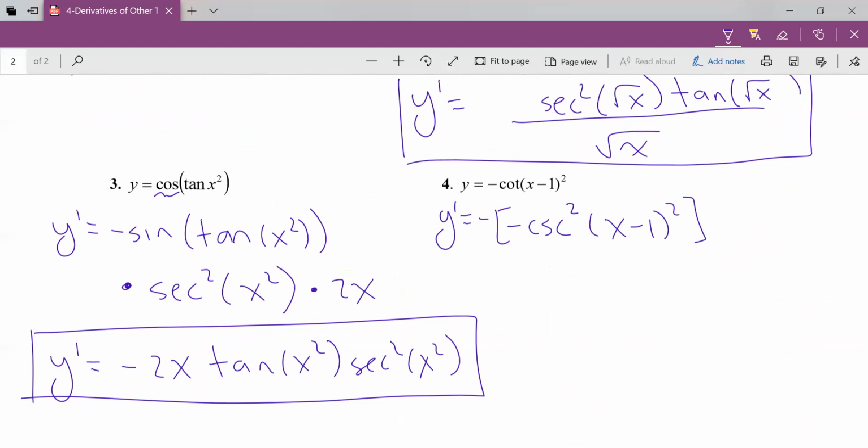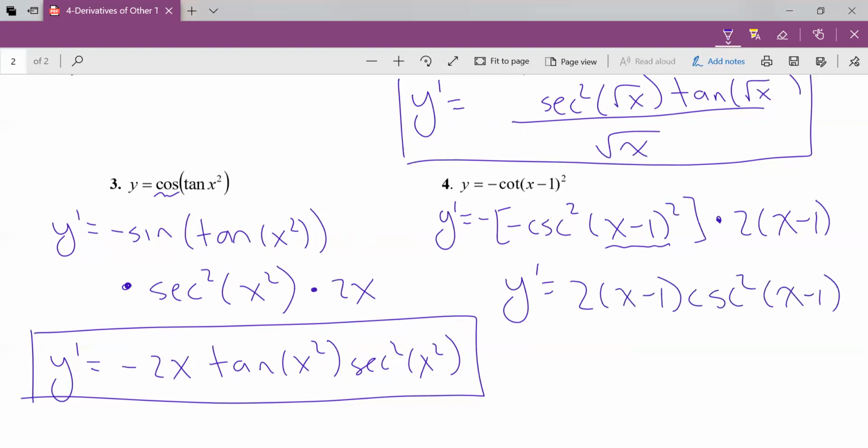Now I'm going to take the derivative of the inside function, and the derivative of that is 2 times x minus 1. Now let's simplify this. A negative and a negative make a positive. So 2 times x minus 1 times cosecant squared of x minus 1. There it is.